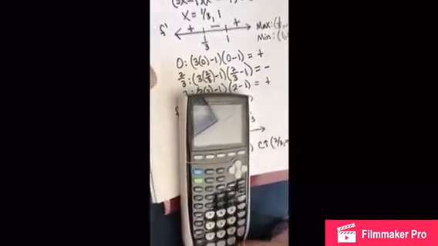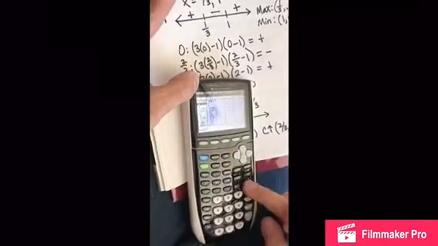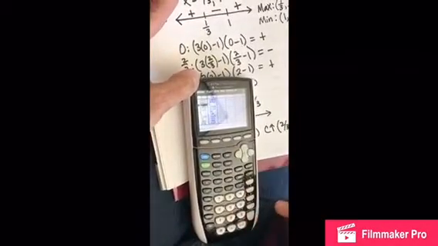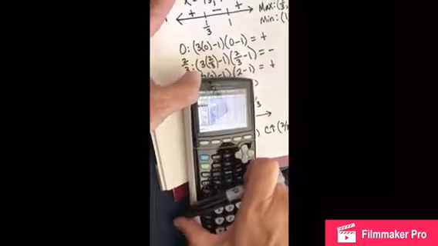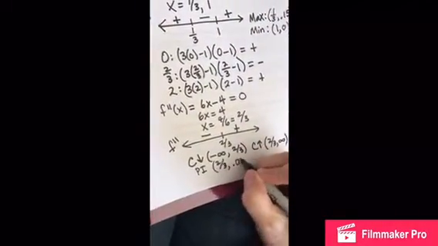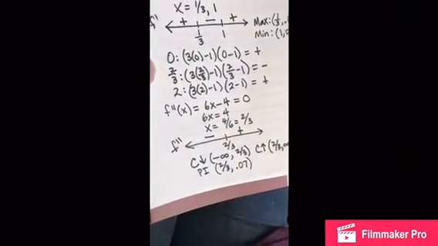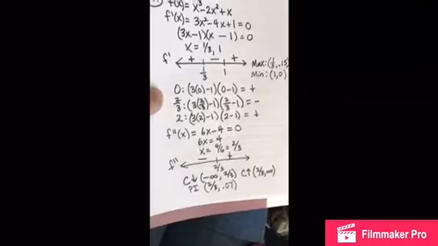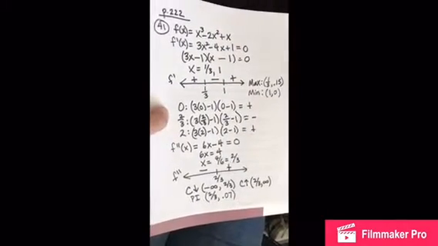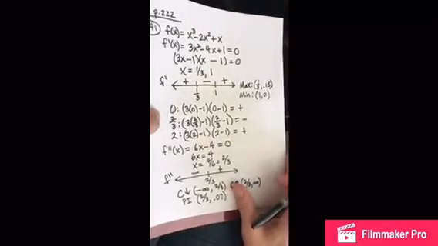We'll get our calculator and figure out what we would have if we put a 2/3 in for x. And it's about 0.07. So the point would be 2/3, 0.07. So we've got the critical numbers, we've got the max min, we've got the second derivative, the concavity, and the point of inflection. So that's number 41.